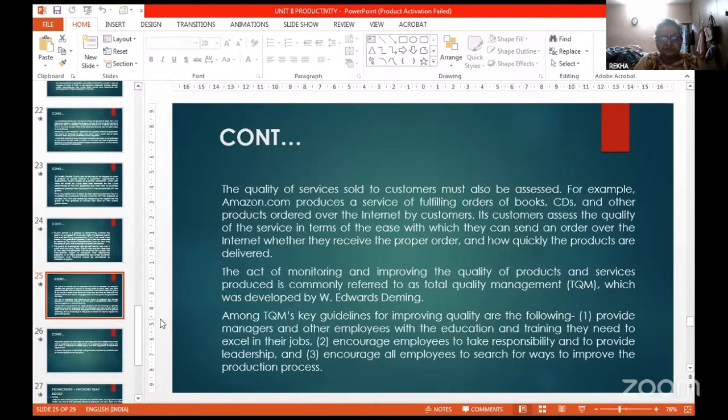The act of monitoring and improving the quality of products and services produced is commonly referred to as total quality management, TQM, which was developed by Deming. He was the basis of quality improvement, and he was given this honor in the USA where he was born. So he shifted to Japan, and Japanese gave him more honor than the Americans.